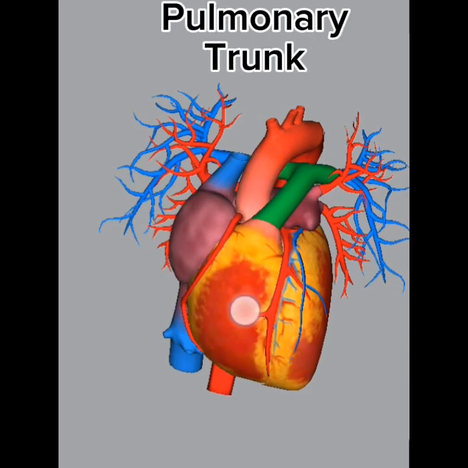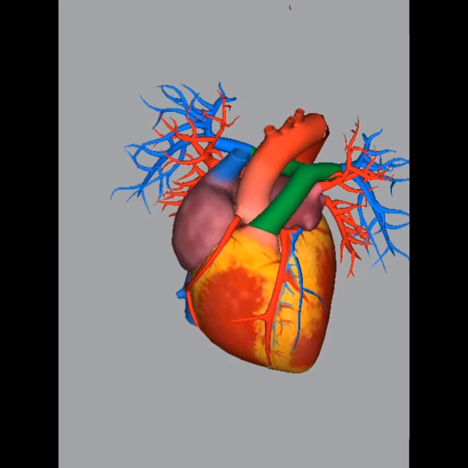The pulmonary trunk divides into two, forming two vessels that move the blood to each lung. That is why I wanted to show you the lungs. You can see that the pulmonary trunk divided into two, moving to each lung.